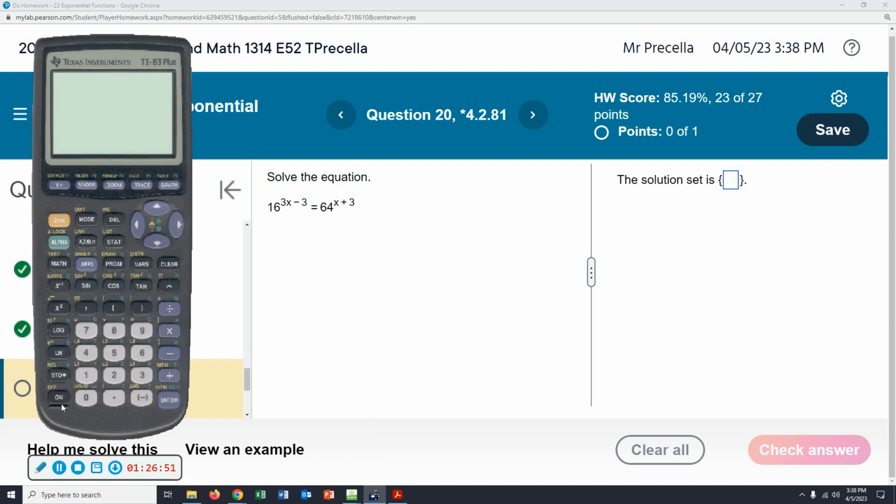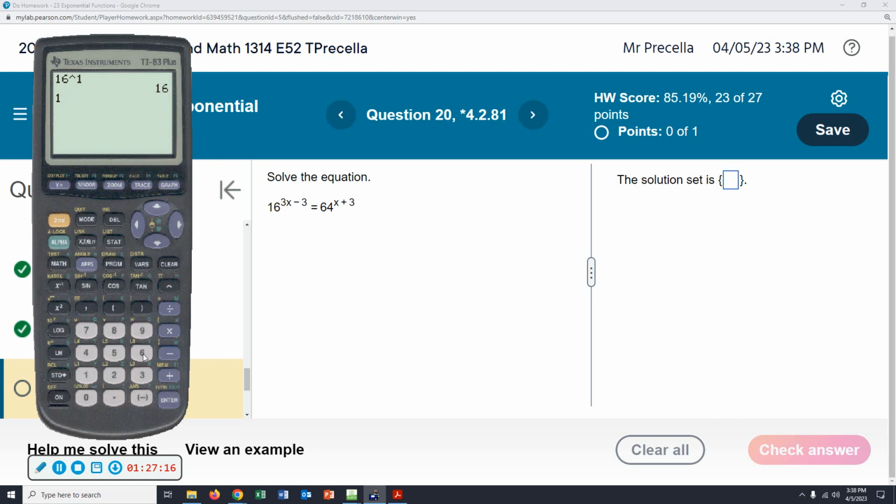There are no parentheses, not yet, but as a general rule, I ask myself, if there's no common base, can I write the big number using the small base? Well, 16 to the first is 16. Let's write that out just to verify. Yes.